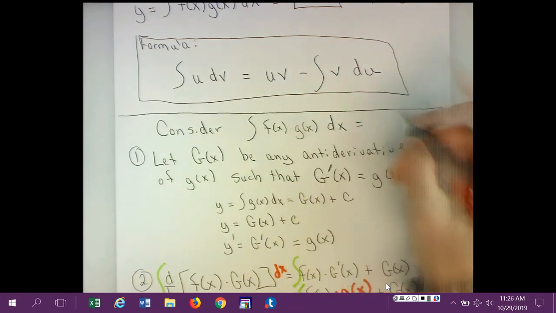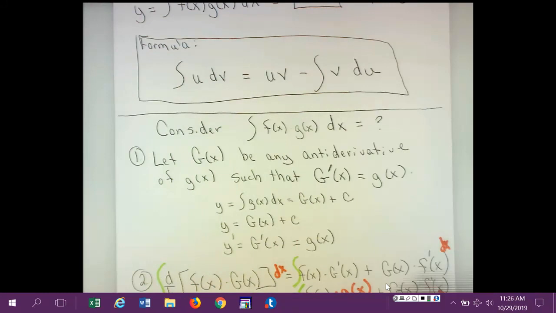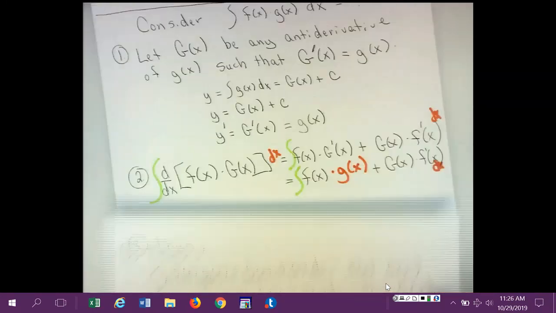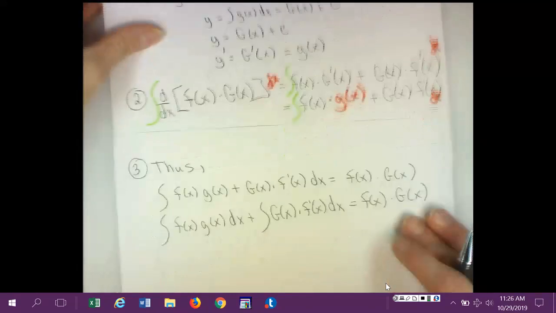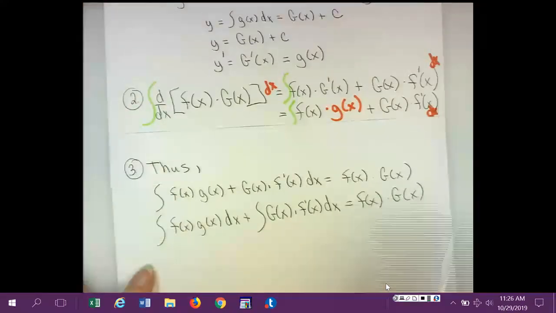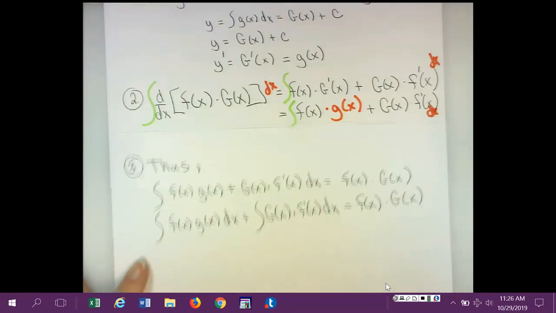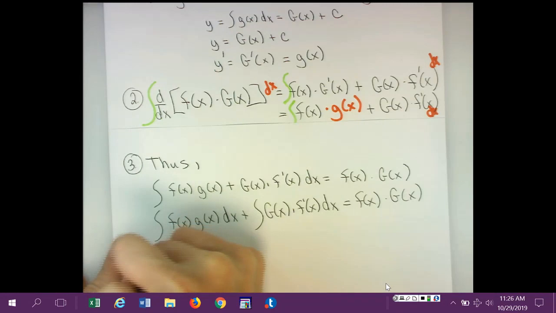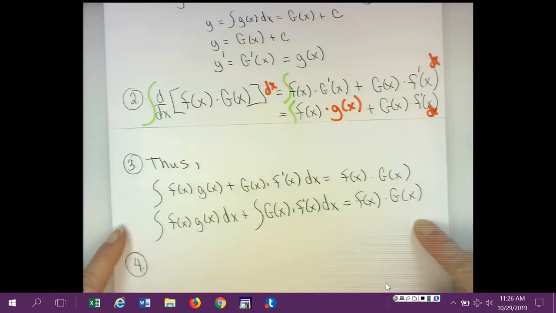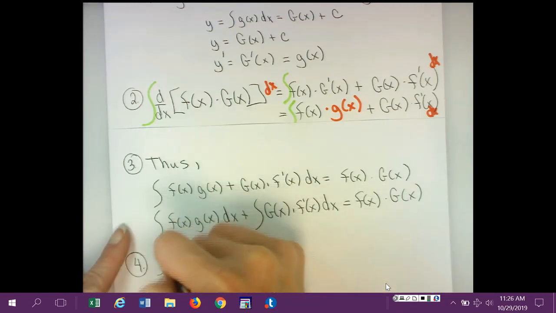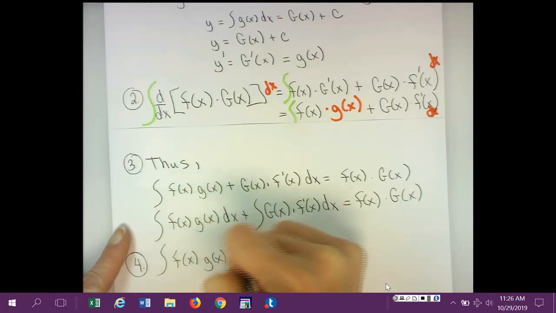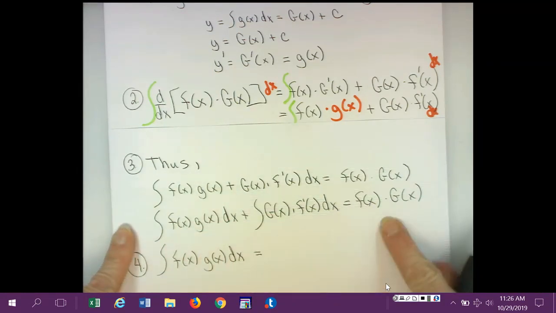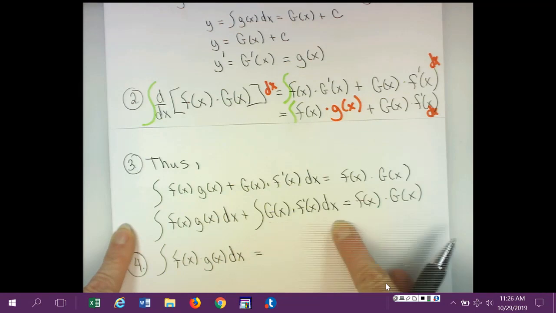So here at step 4, which is based upon the steps above, steps 3 and 2 and 1, I am going to solve this last equation for the antiderivative of little f times little g, which means I'm going to subtract this antiderivative from each side of the equation.